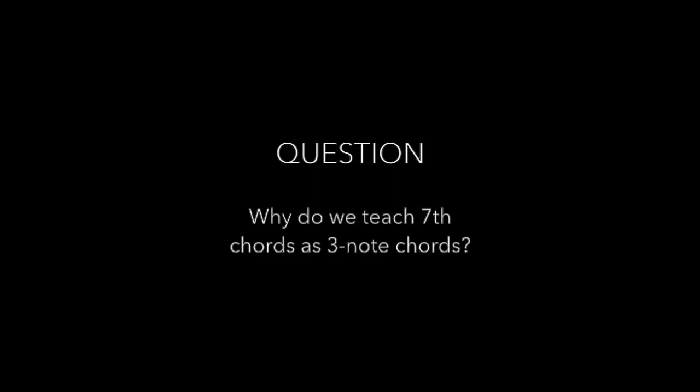Joan asked, why is this taught as a 3-note chord in Amazing Grace Foundation? There are different ways to play all of these chords. You could play a C7 chord by stacking up C, E, G, and then B flat on the top. That's just one way to play it.